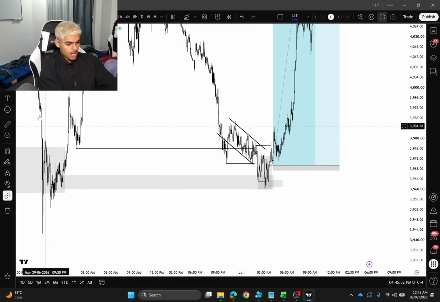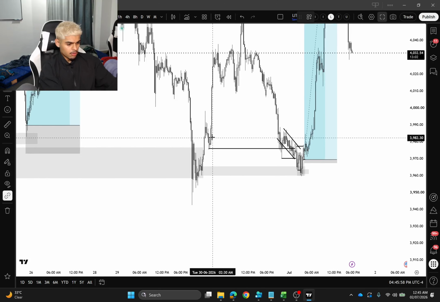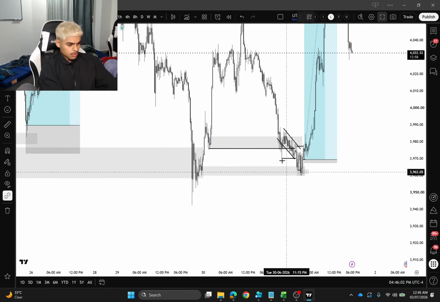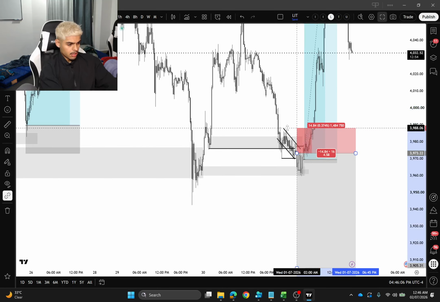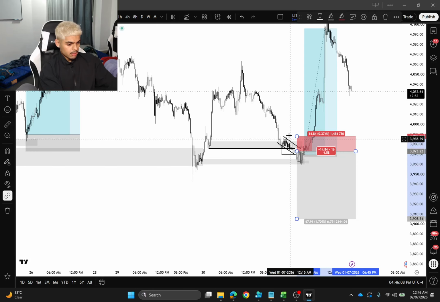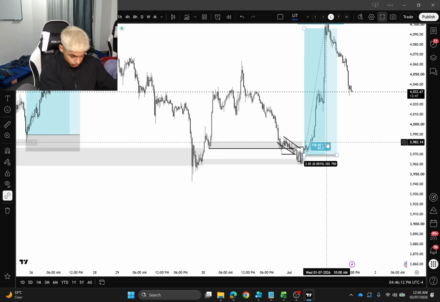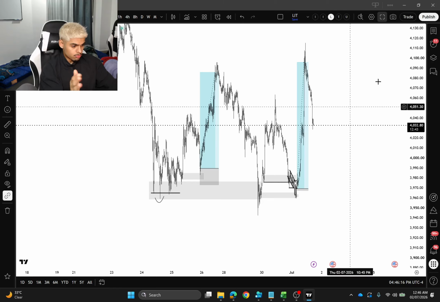And then every seller is trapped here, because if you open the 15 minutes, a lot of people might have drawn this as the support. Oh, it's breaking. Let's take a short position here, put our stops on this high, and they basically just got run through by the market. Very simple and clean moves.